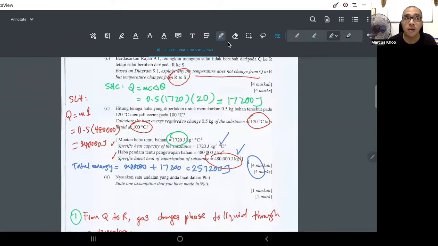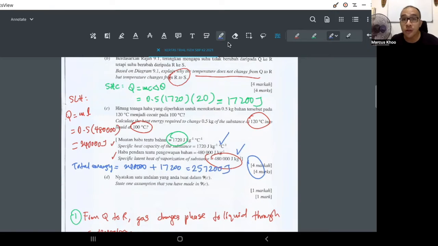Okay, so I'm kind of emphasizing the heat question because this is one of the questions that we are thinking will come out in the essay. But it is a very common question. They give you the graph and they ask you to count. Be aware of what you need to count. And usually it will involve one specific latent heat and the other one is specific heat capacity. Then you can do it.